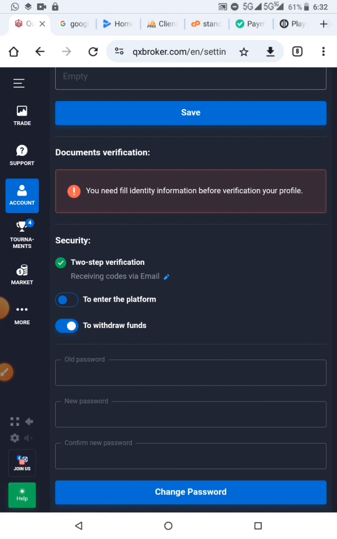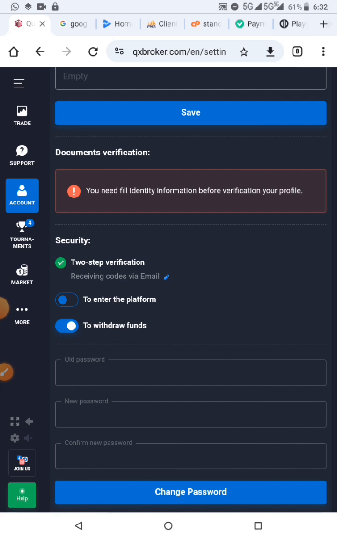Turn off the first one, to enter the platform, so that you can enter the platform anytime without receiving a code from your email. Make sure you close that.